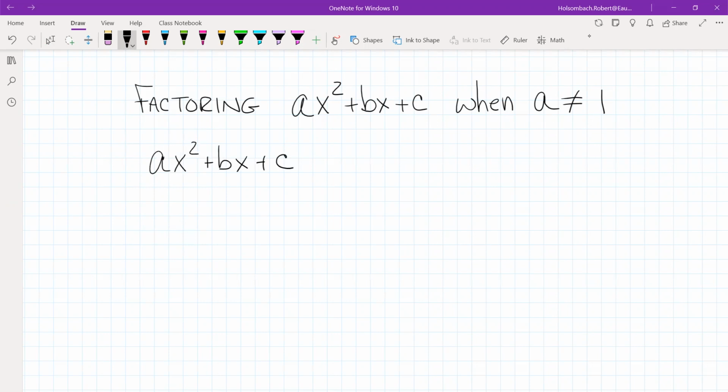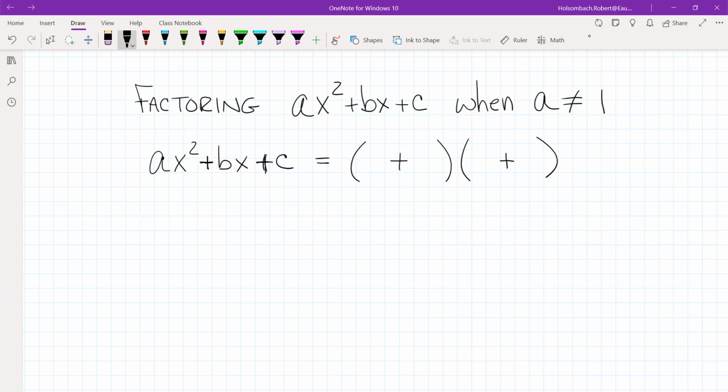What I mean is that this middle term is going to be positive and the last term is going to be positive. And when the middle term and the last term are both positive, then the factors are both going to be positive.